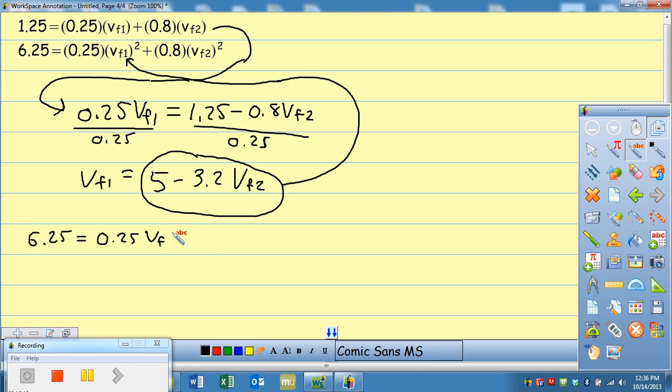So here, instead of VF1 here, what we're going to put is 0.25 times 5 minus 3.2 VF2 squared equals, right, is that right? Yeah, so the whole thing is squared.